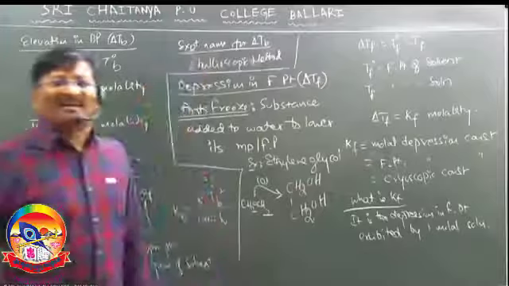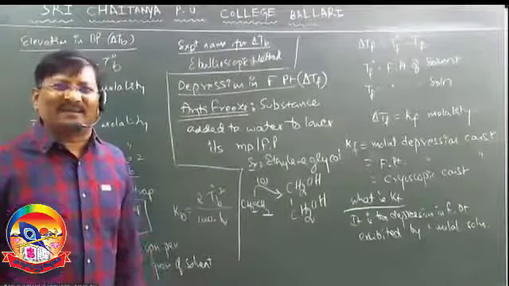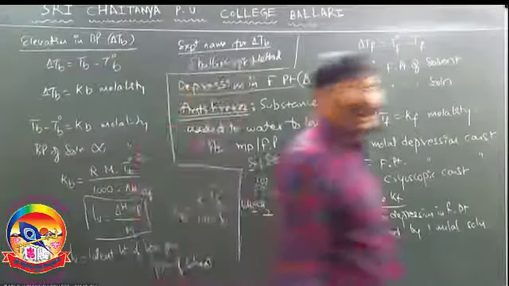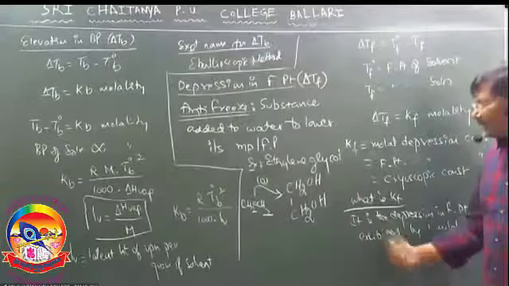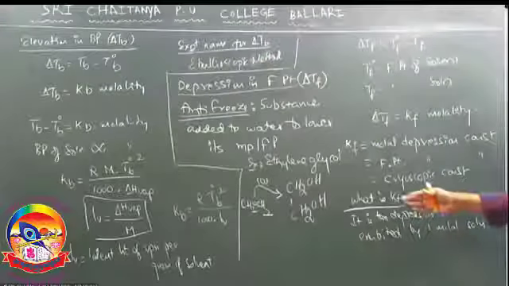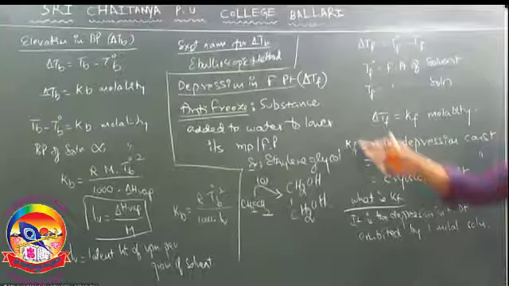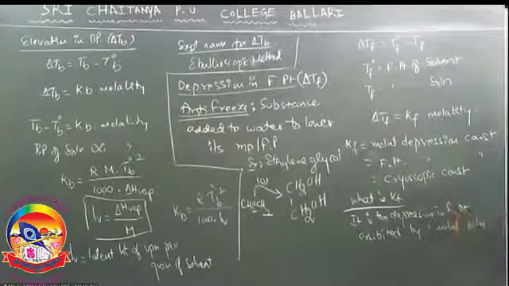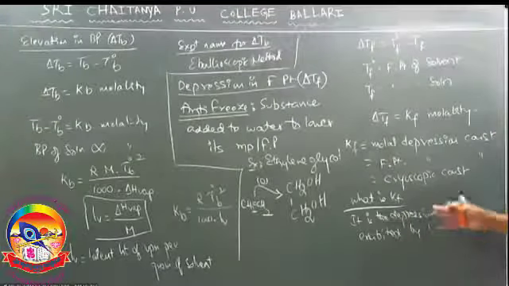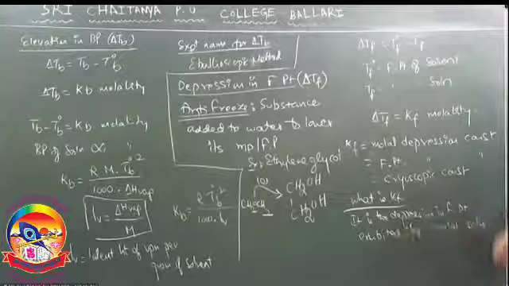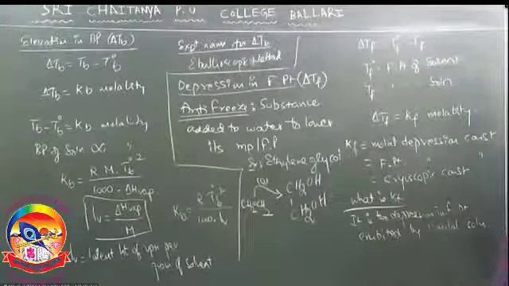Freezing point or melting point, both are the same. Remember. So what is Kb? How do you define it? It is the elevation in boiling point exhibited by a 1 molal solution.